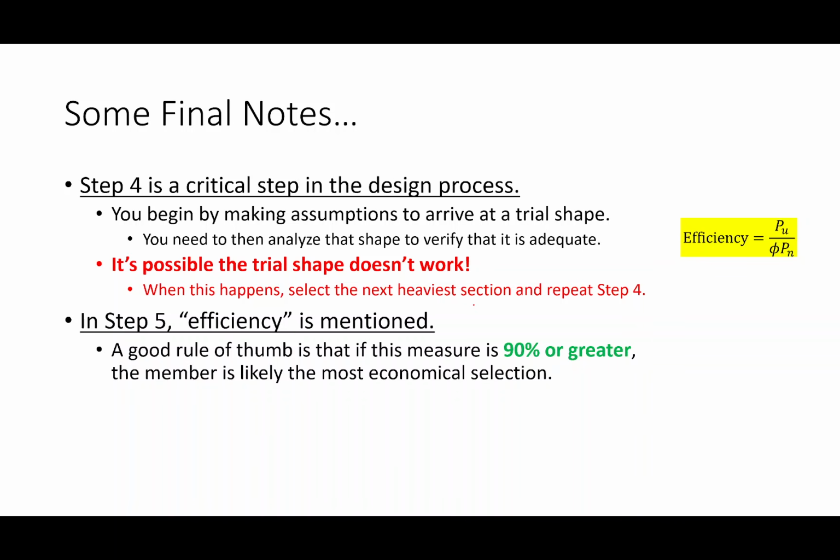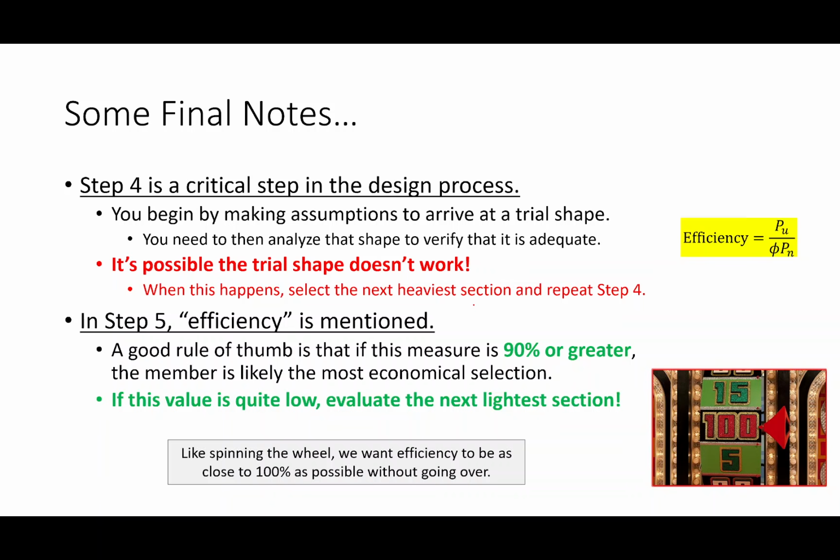But in tension members, this is probably the one area where efficiency really is a good guide. If you have a really low efficiency, go to the next lightest section and check it. Like if you compute your efficiency for a tension member and you get like 70%, go to the next one and check it, because chances are it'll work.